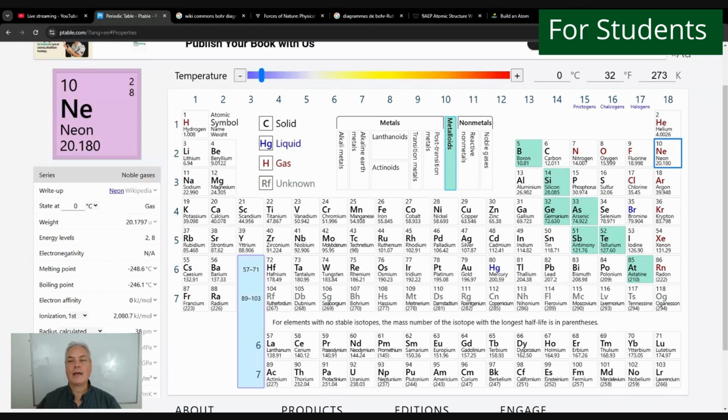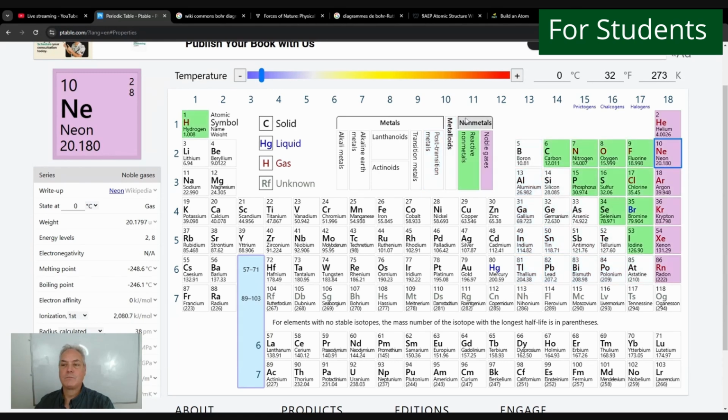So if we have metalloids in contact with non-metals, they can sometimes act in a way similar to metals. And if metalloids are in contact with metals, here for example the alkali metals, they may react in a similar fashion to what a metal will look like. So that's what makes the metalloids interesting.